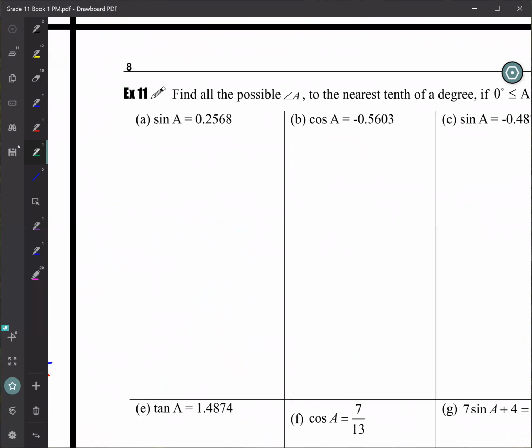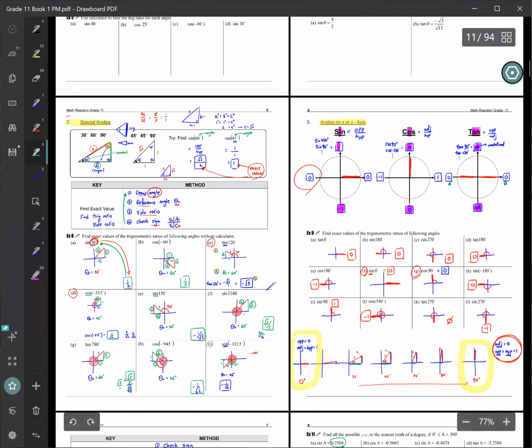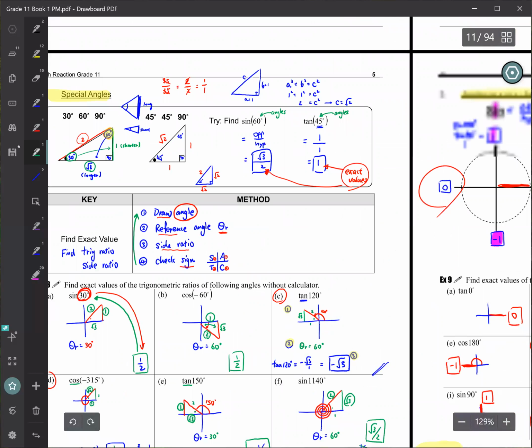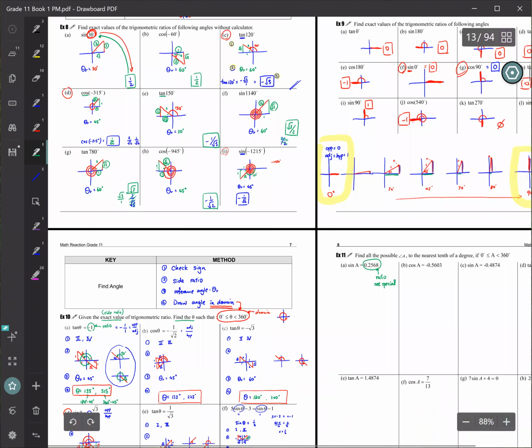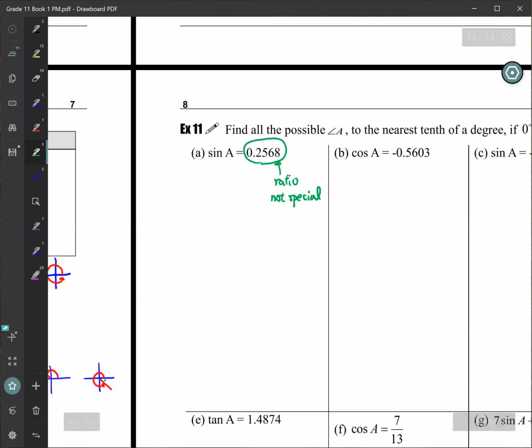These numbers on page 8 are ratios, but these are not special. Not special means you don't see the 1, you don't see square root 1 or square root 3, you don't see fractions. It doesn't have to do with the 30, 60, or 45 degree anymore. So the side ratios are no longer special. So things have to change a little bit.